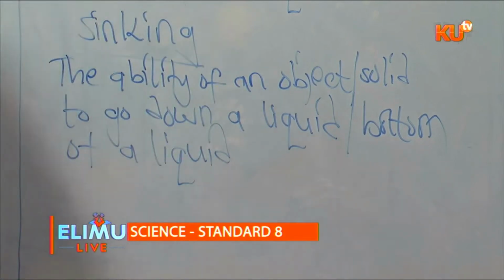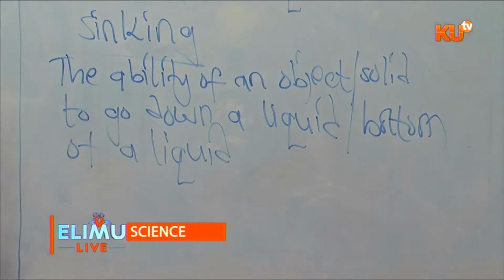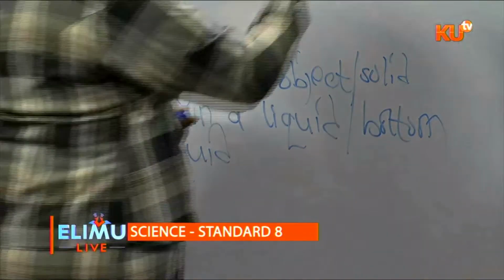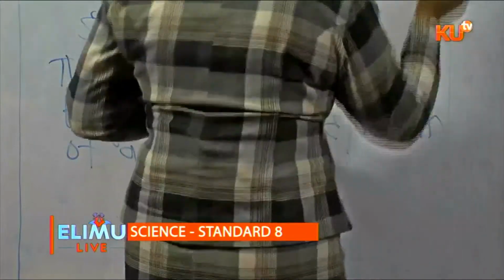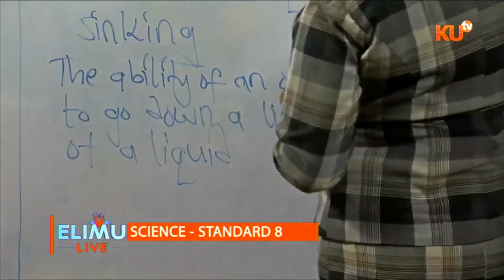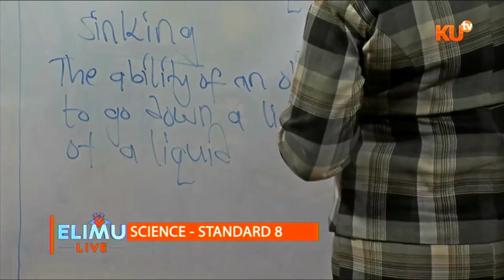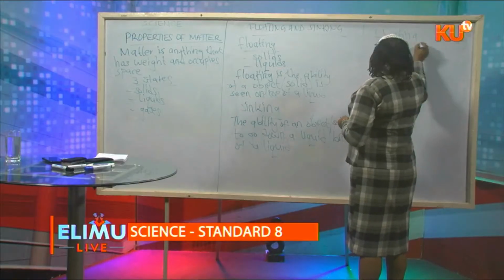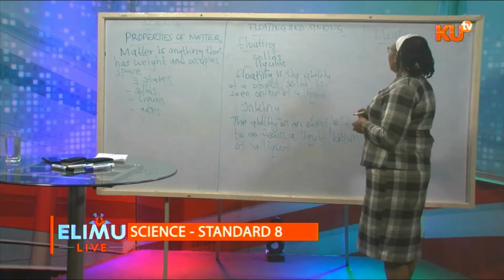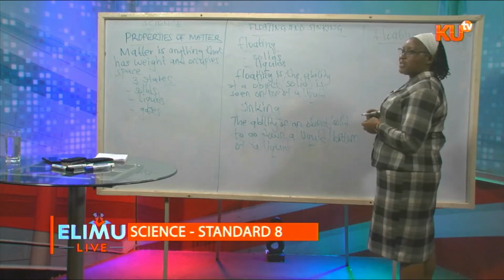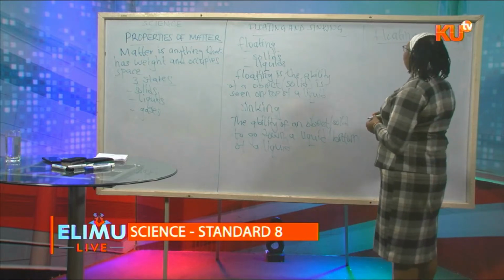Now we have said there are many aspects that we investigate when we are discussing floating and sinking. So if we look at floating, there are many solids or objects that can float.